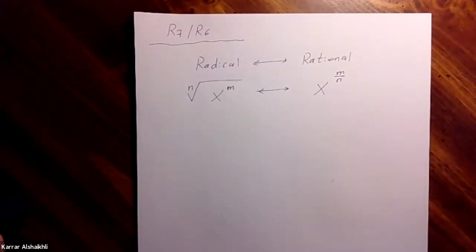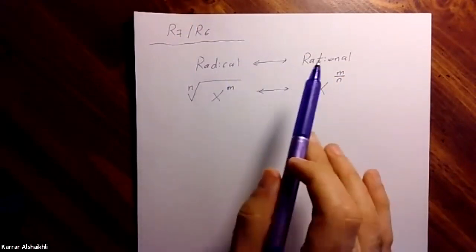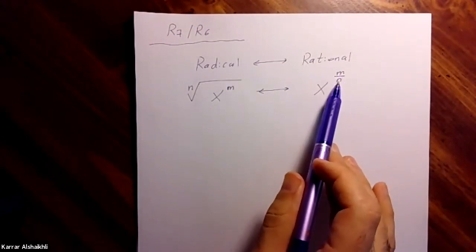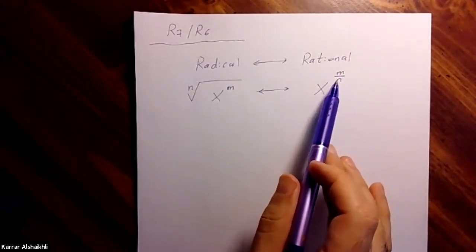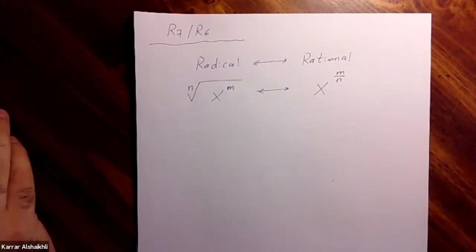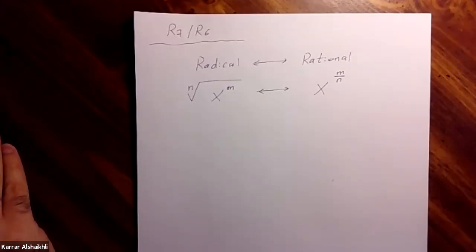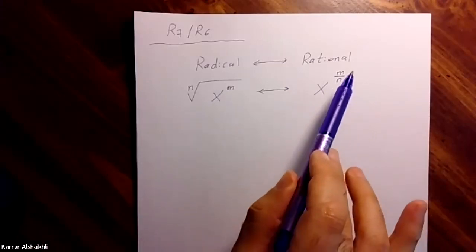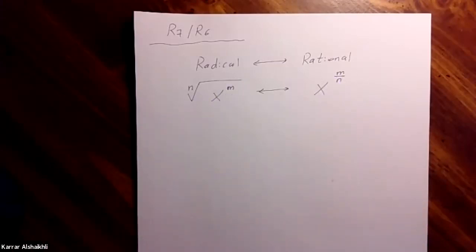So if you convert from radical to rational, you already have to know this is the exponent and this is the root n. And the root is always on the bottom, and the number on the top is the exponent. This is the rule.